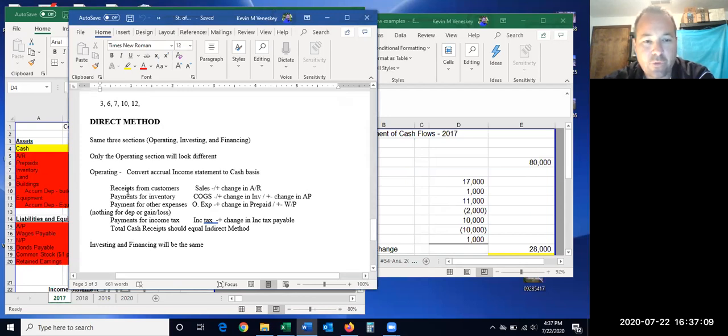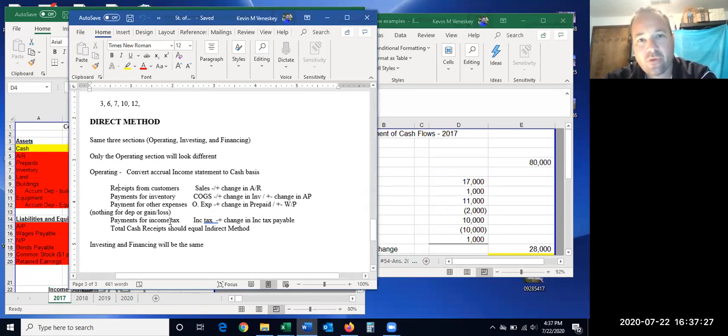Okay, so instead of starting with net income, we're actually going to take each income statement item, each expense or revenue, and then explain that with the balance sheet. We're kind of working backwards in a way.